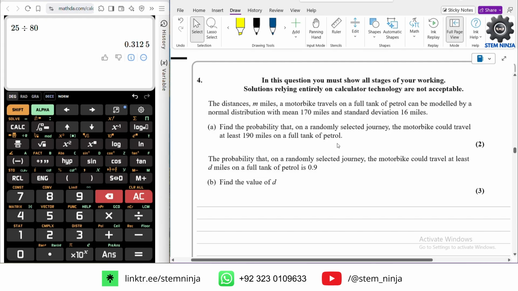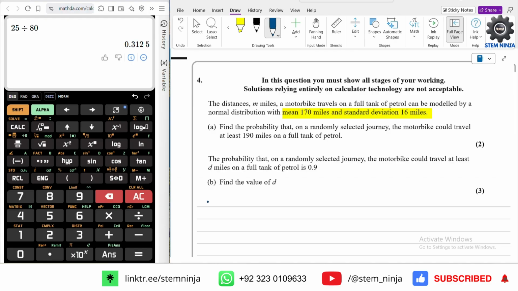Question number 4. The distance in miles a motorbike travels on a full tank of petrol can be modeled by a normal distribution with mean 170 miles and standard deviation 16 miles. Find the probability that on a randomly selected journey the motorbike could travel at least 190 miles on a full tank of petrol.